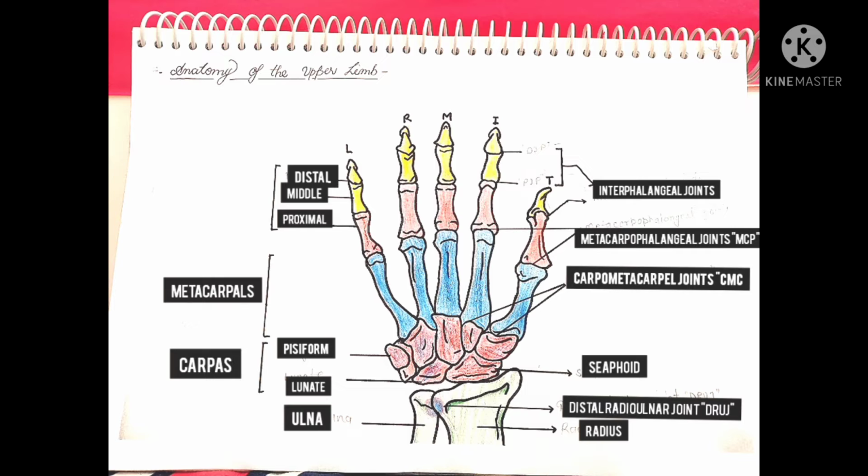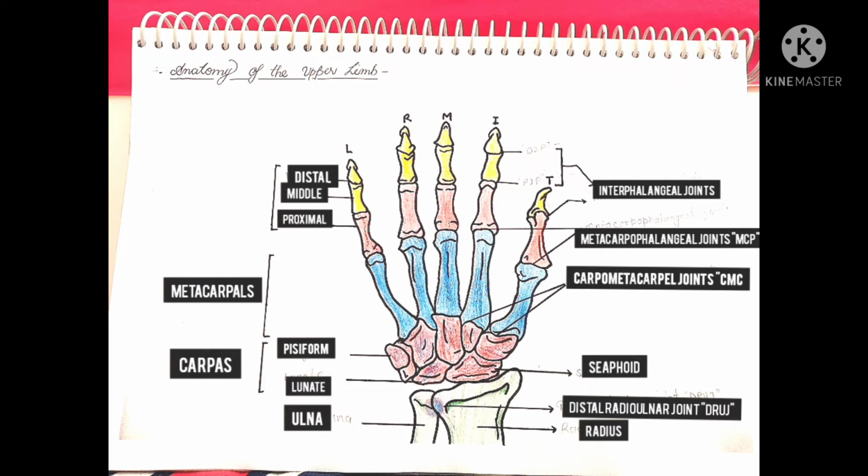The next set of bones are known as the metacarpals, seen here, five in number, one for the thumb and then the remaining digits, the fingers. These articulate at their proximal end with the carpal bones, and at their distal ends, the metacarpal bones articulate with the phalanges.